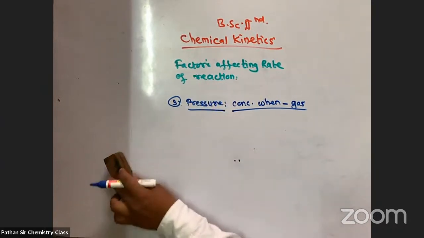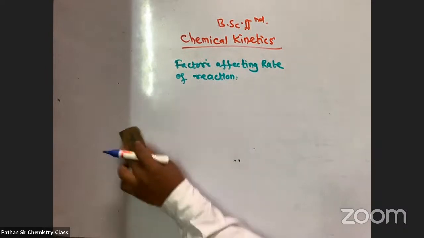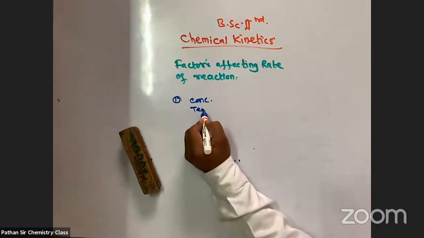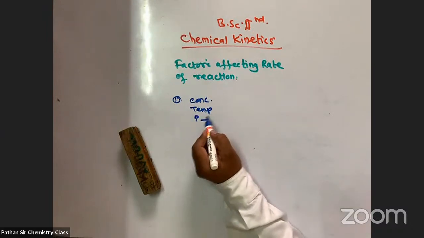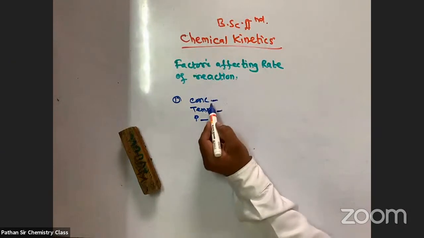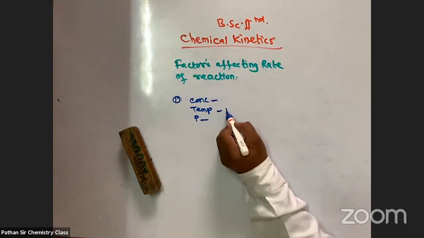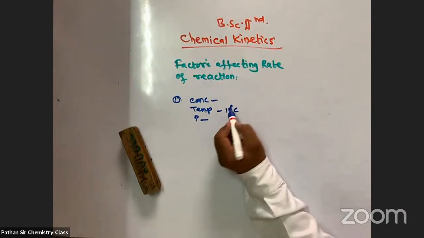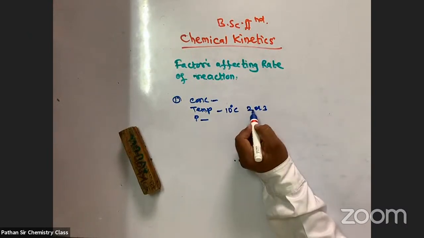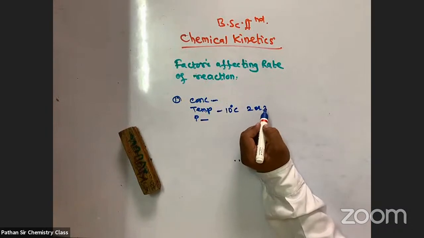Okay, so we saw 3 points. What did we see? See, first the concentration, then temperature, then pressure. So as the concentration increases, rate of reaction increases. Temperature increases, rate of reaction increases. If there is an increase of 10 degree centigrade of temperature, the reaction doubles or triples. Rate of reaction doubles, or increases 3 times.